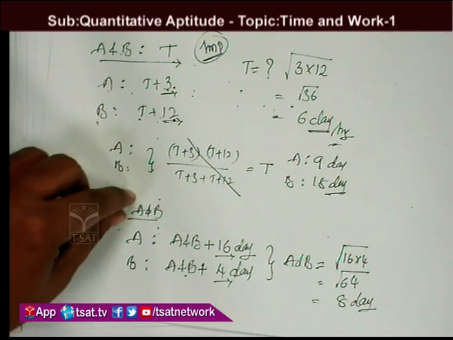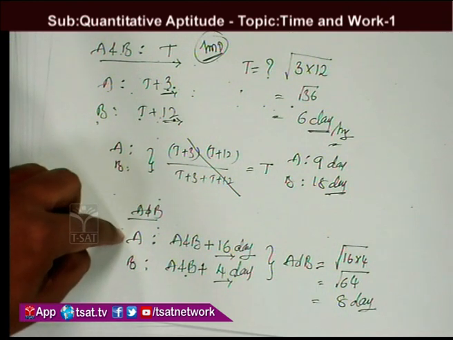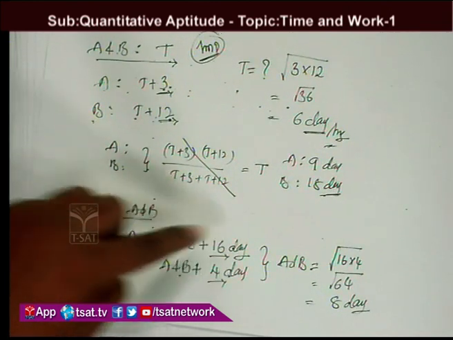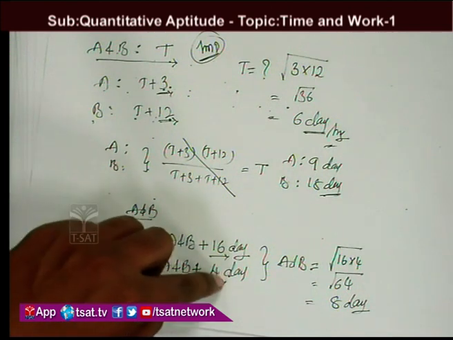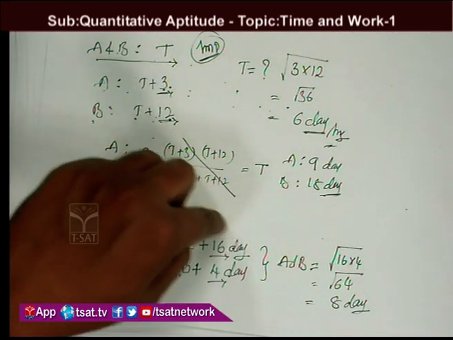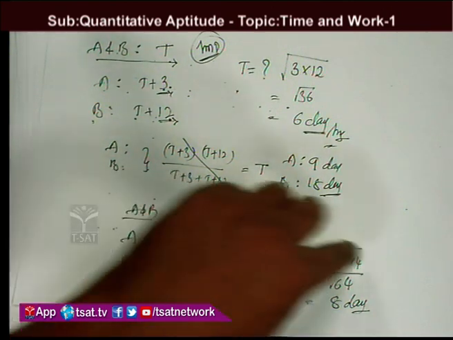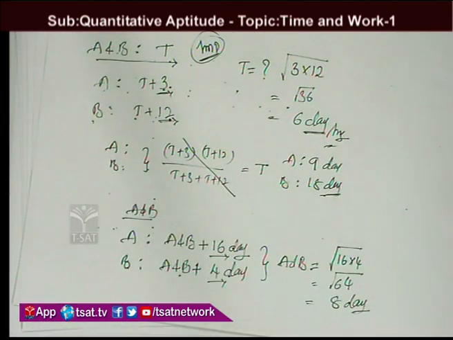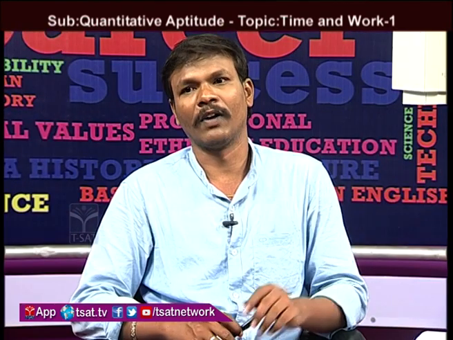The next question: A takes 16 days more than A and B together, B takes 4 days more, so the value is the root of 16 times 4, root of 64, which is 8 days. This is very, very important.